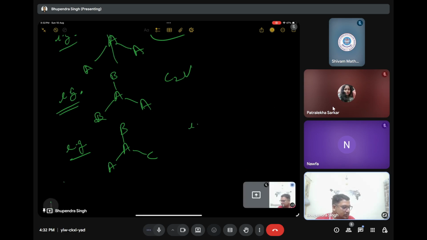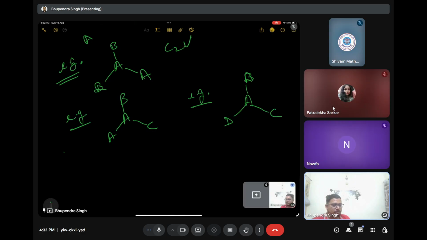This one and this one. A, B, C, D. Tell me the point group of these two molecules. It is C1.